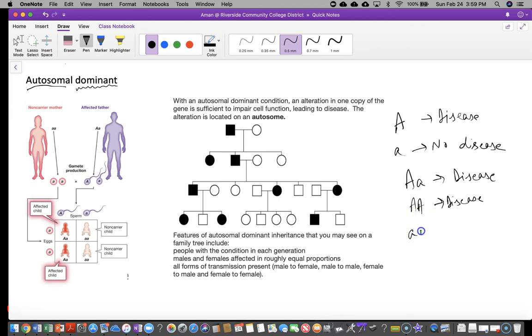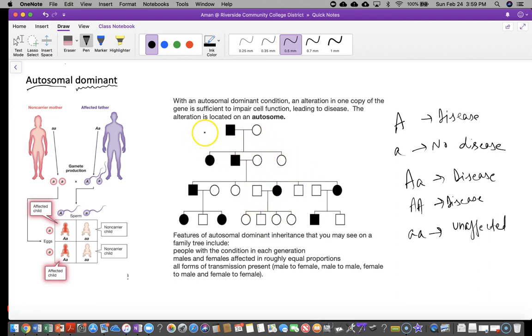The third option is small a, small a. Now this is the only individual who is going to be unaffected, because both the alleles are recessive and this disease is dominant. So there must be at least one dominant allele for the disease to happen. Okay, so that's what we can see here.